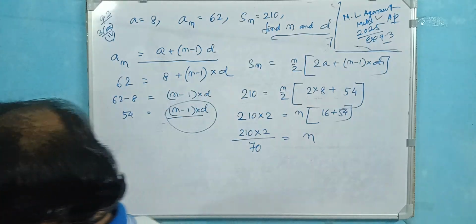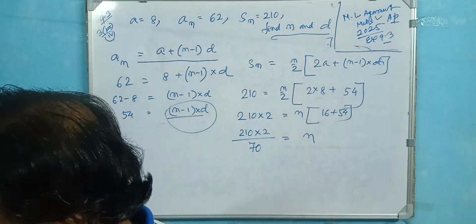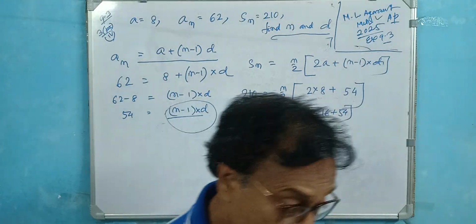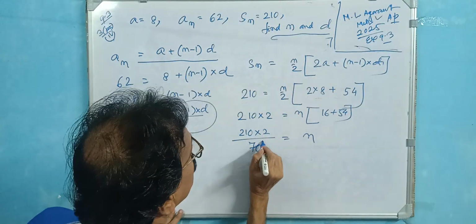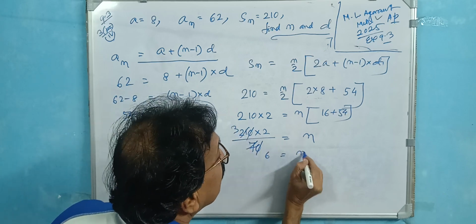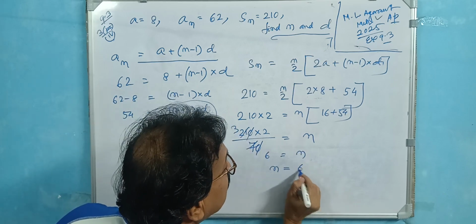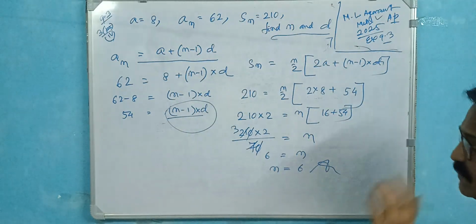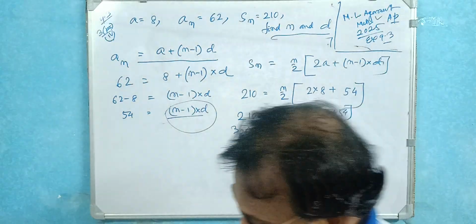No problem? Now this 0, 0 is cut. This is 3. So n is 6. Find the value of n: 6. That means the number of terms is 6.